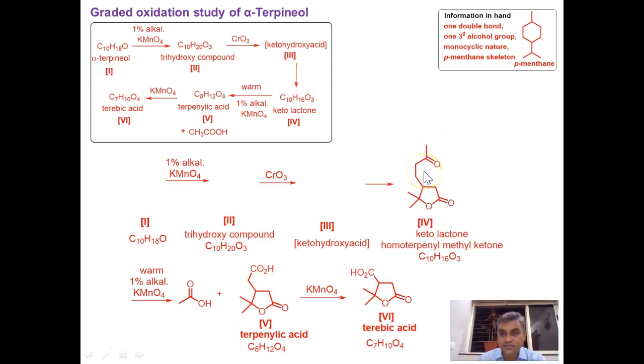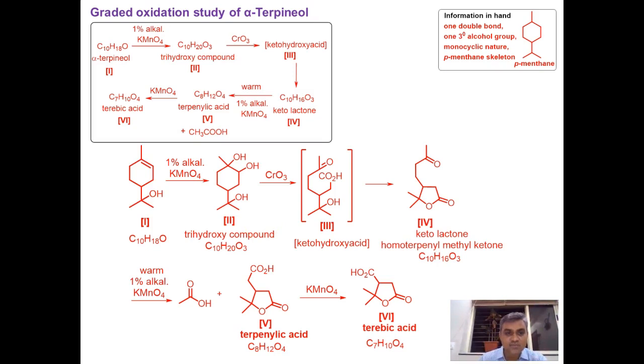It's a methyl lactone, and this lactone must be formed due to a cyclization reaction. It's a tertiary OH group, and therefore this ketohydroxy acid might have been formed as an intermediate. This ketohydroxy acid is formed by the cleavage of this double bond, and therefore we can assume this dihydroxy compound is a trihydroxy compound. The tertiary alcohol remains intact, and at the end we can reach the structure of alpha terpineol in this way.